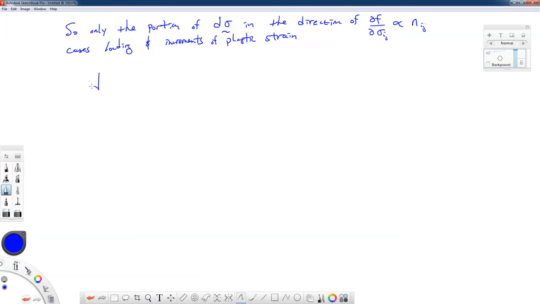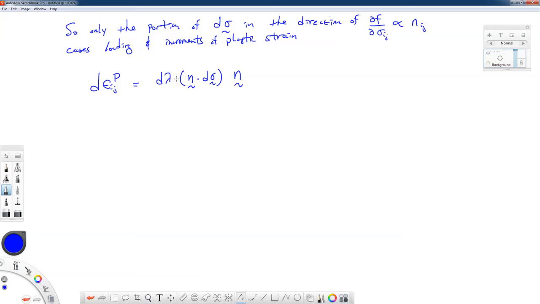So our d epsilon ij p then depends on, first of all, the unit normal that we're at. It depends on the portion of the stress increments that is in the direction of the unit normal. And then, to make everything work out, there has to be some scale factor that goes out in front.